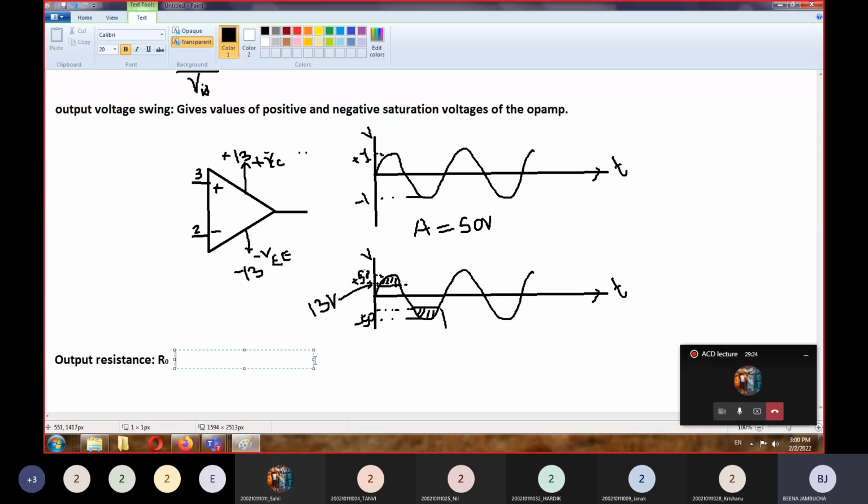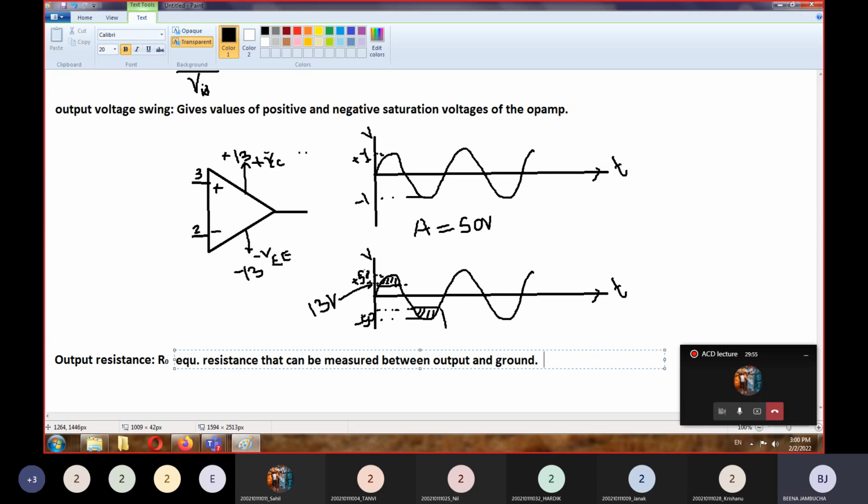Output resistance is the equivalent resistance that can be measured between the output and ground, right?